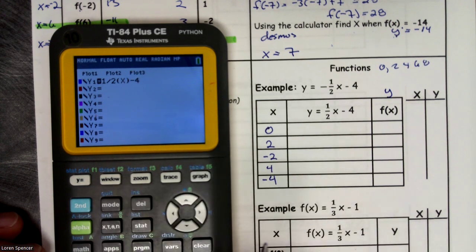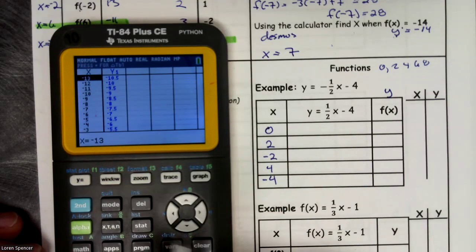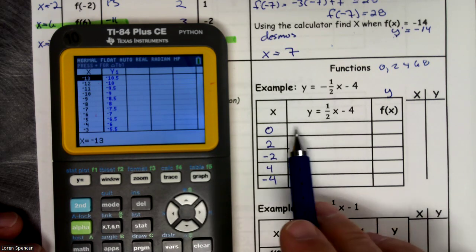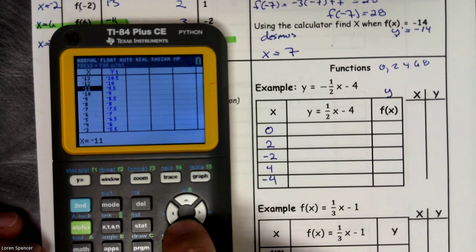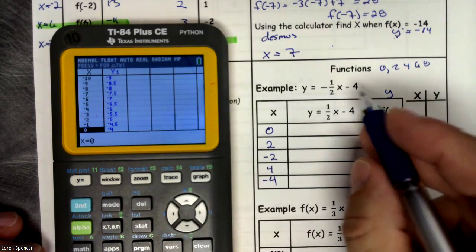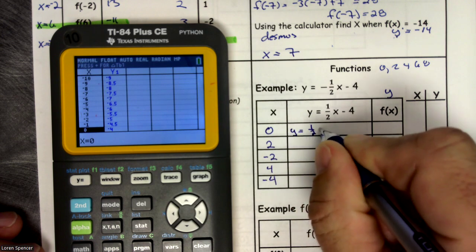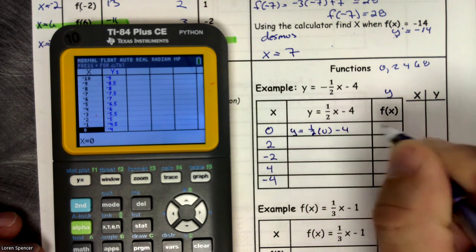All right. Once you have that, you're going to press blue button and graph. And we wanted 0. So I have to scroll down because 0 didn't show up. 0 gives me, so this is what we have. We have y equals 1/2 0 minus 4.